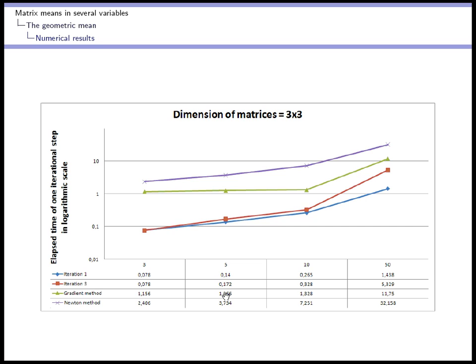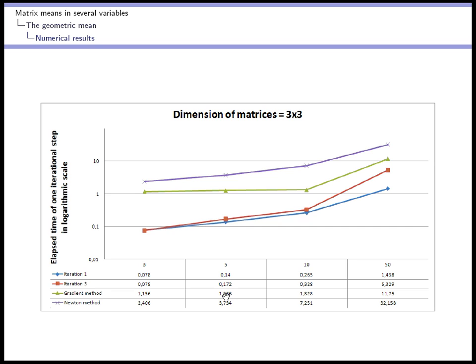It requires a lot of calculations, and although the convergence rate with respect to the number of iterations is much better than any other procedure, it takes much more time because the calculation of the Hessian is very complicated.